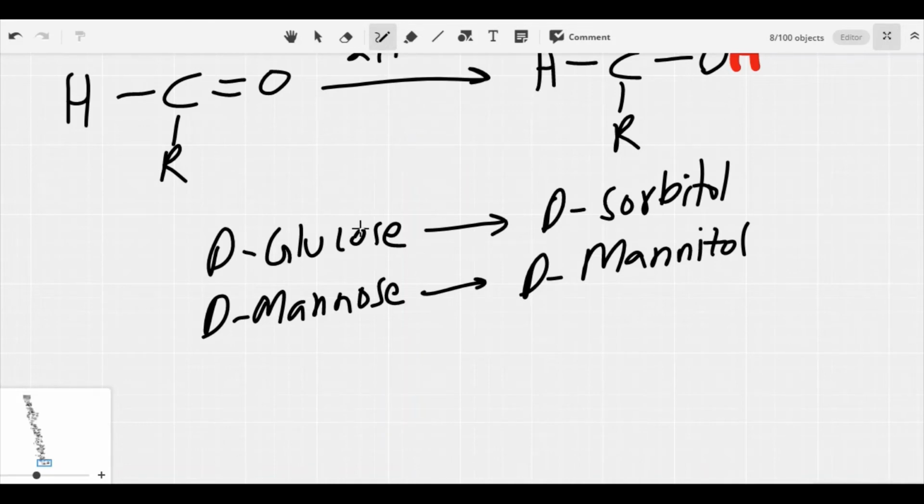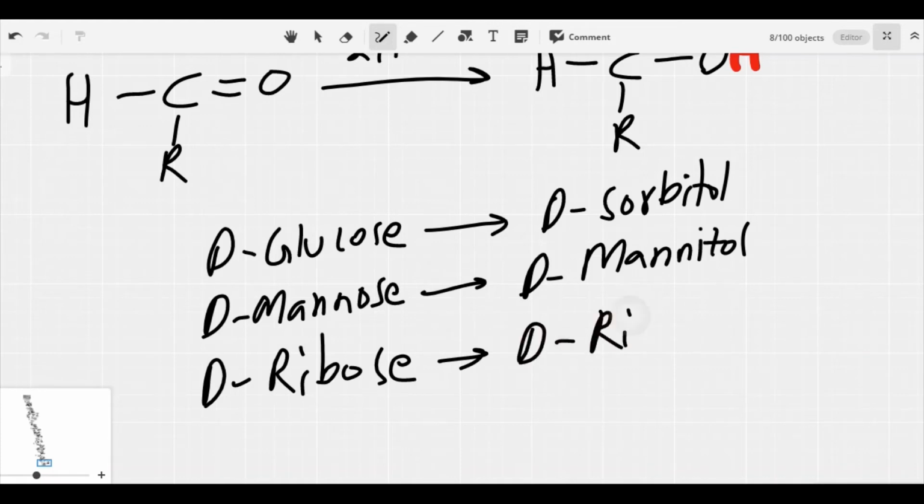And the third one, there are a lot, but here D-ribose can be converted into D-ribitol, okay. And remember, sorbitol and dulcitol, when accumulated in tissues in large amounts, cause a strong osmotic effect leading to swelling of cells and certain pathological conditions like cataracts.